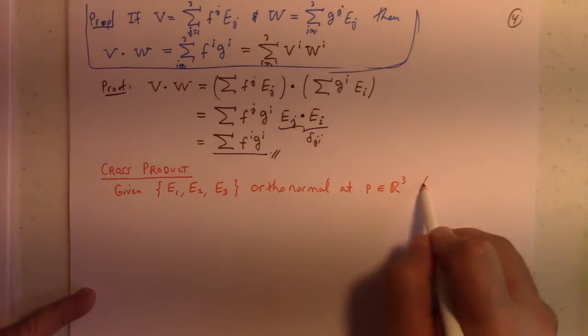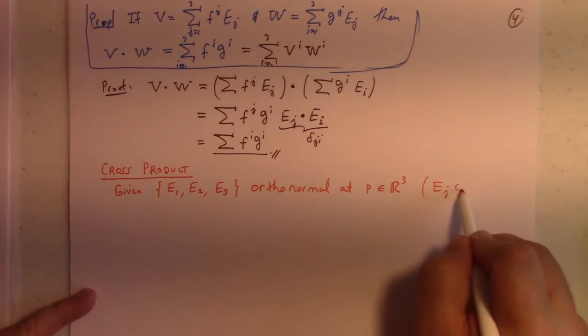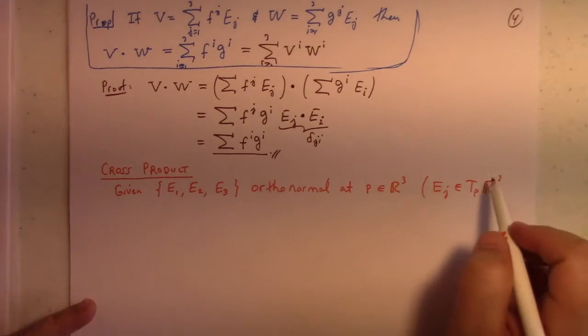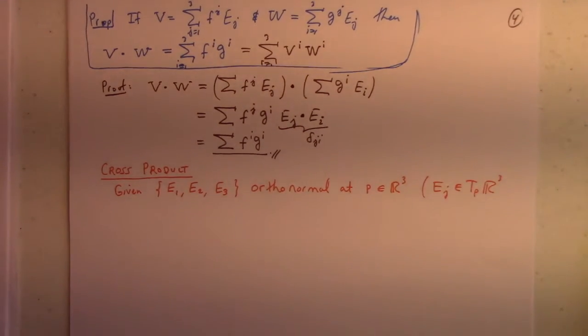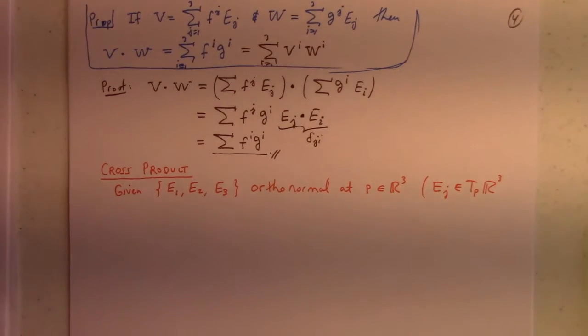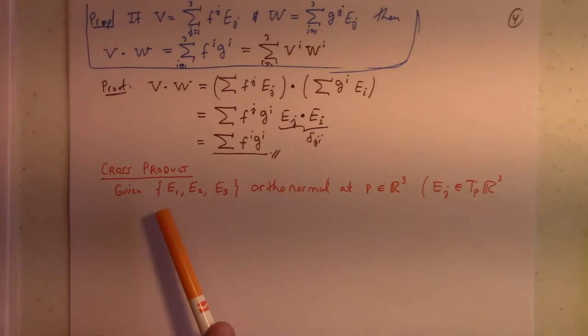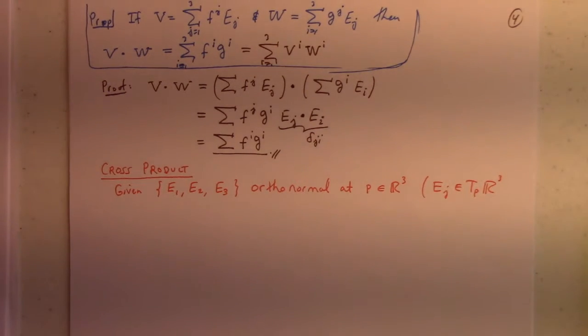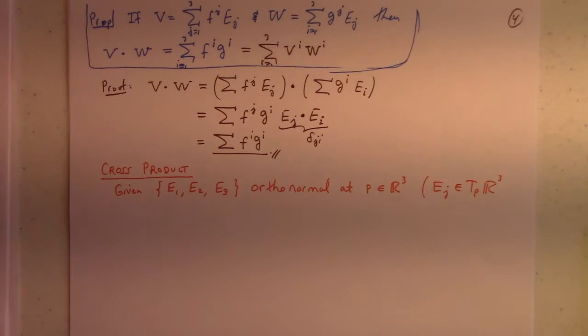So if you like, E sub j is an element of TP R3. The fact that they're orthonormal actually forces the cross product of any distinct pair of them to be the other one, plus or minus. Let me show you why that has to be the case.